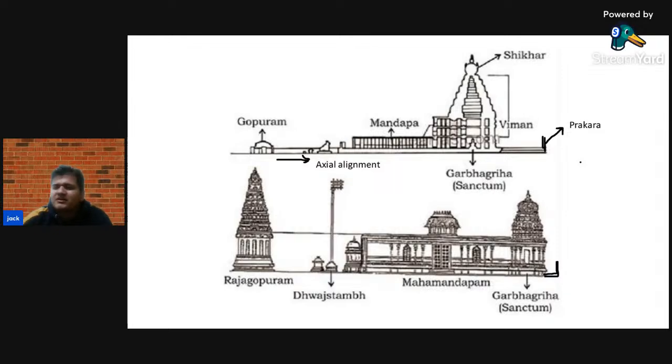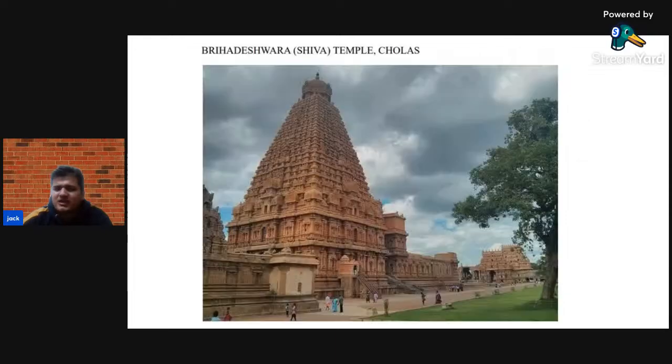In Dravidian architecture, only the topmost part is known as the Shikhar, while in Nagar style, the whole bigger structure is known as the Shikhar. So this is how the Dravidian architecture evolved over time. This is the great Brihadeshwara temple dedicated to Lord Shiva, built by Rajaraja Chola.